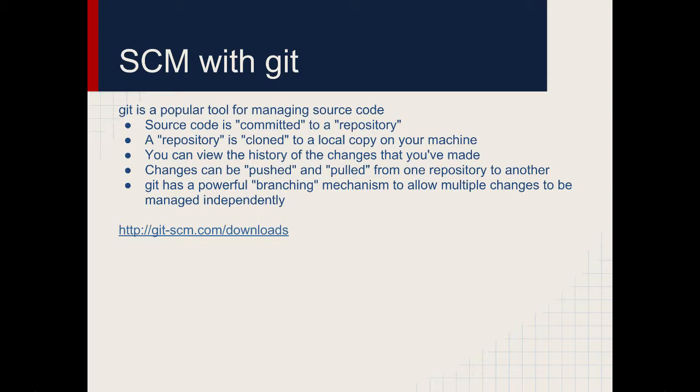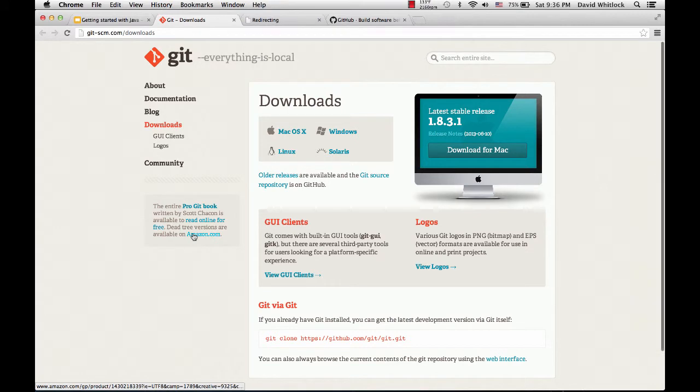Git has a very powerful mechanism for what's called branching, which allows multiple changes, usually by multiple people, to be managed independently. If you want to start working with Git, you can visit this URL right here. Git has installers and packages for all the operating systems that Java Virtual Machine runs on.